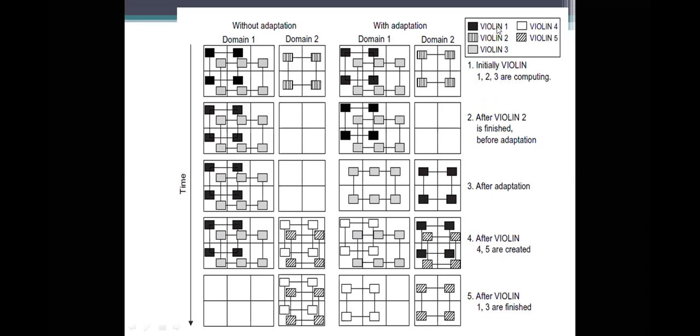Violin 1 is represented as completely shaded, Violin 2 as straight lines, and Violin 3 as slightly shaded. Violin 1 and Violin 3 use the same environment. Then domain 2 has the 4 node environment.